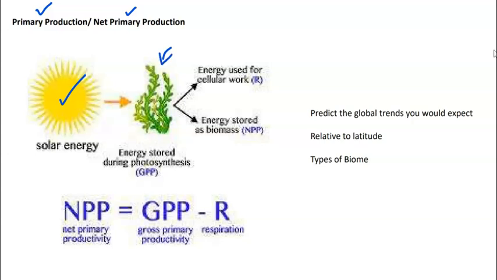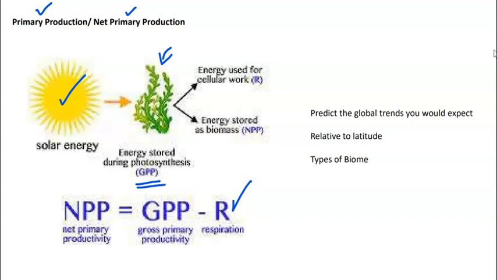The energy which is captured and stored by the process of photosynthesis, converting light energy into chemical energy, is known as gross primary production. The gross primary production in the plant itself will only have available the energy minus that used in the process of respiration.